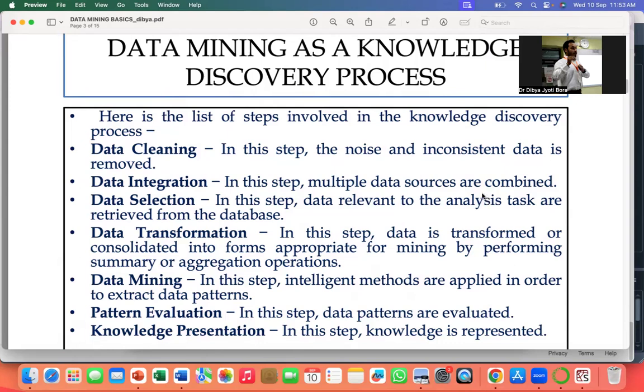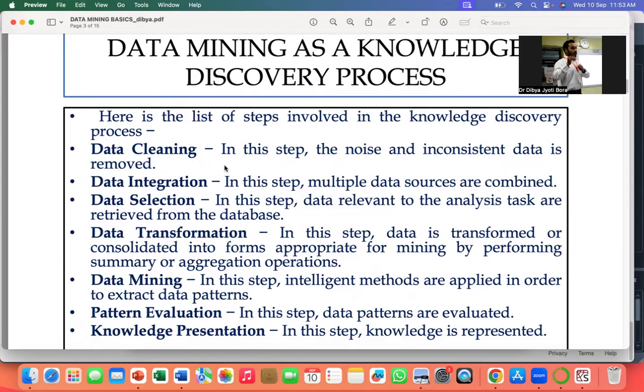So we have to first clean them, right? We have to first remove the noise. That process is known as data cleaning, or sometimes it is also known as data cleansing.